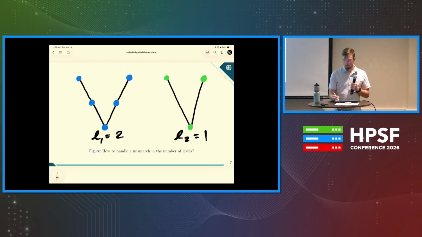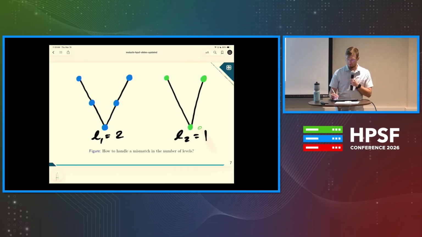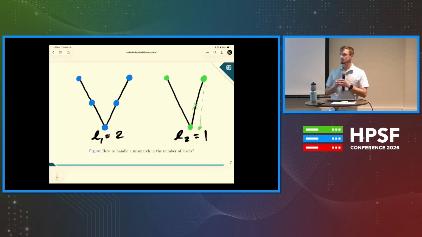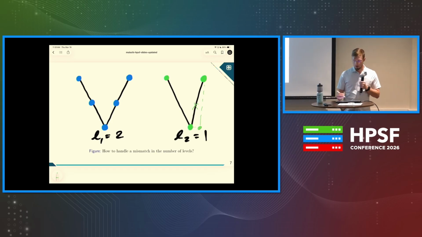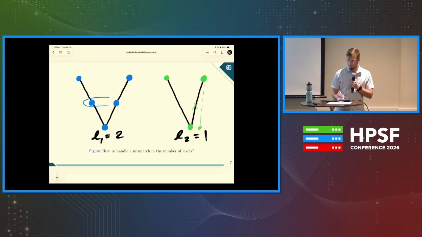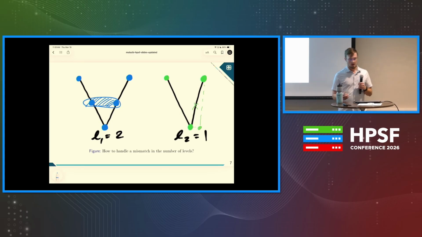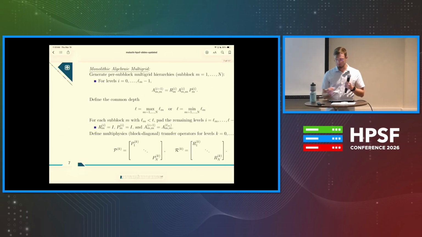Well, we can either use the maximum across all of them and accomplish that by creating a sort of fictional coarse grid over on the right, or we can do the minimum and essentially truncate at the second level and treat this one in the middle as our coarse grid.